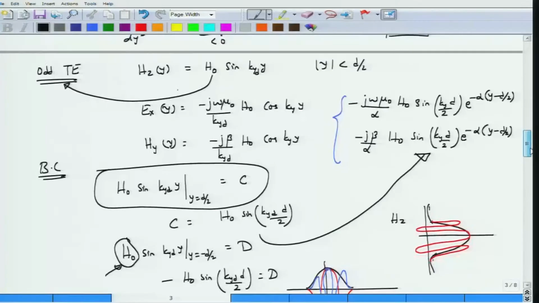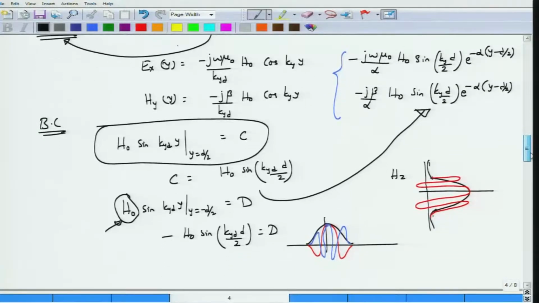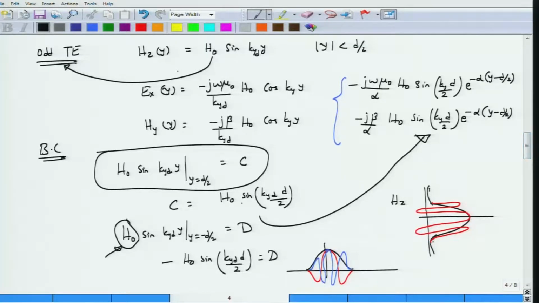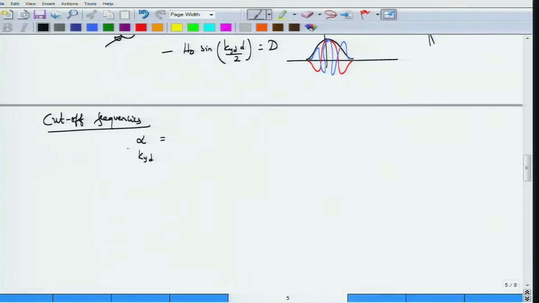You will be able to express the relationship between alpha and kyd, because in one case I have H0 sin kyd by 2 and the other one will be a cos kyd by 2. So the ratio of alpha to ky can be written as alpha by kyd is equal to tan kyd by 2, which can be obtained again from the boundary condition.